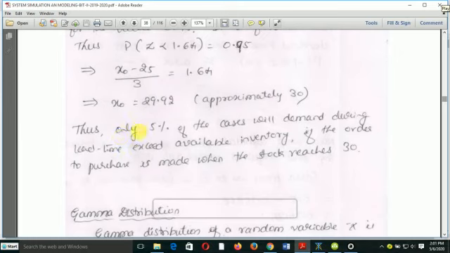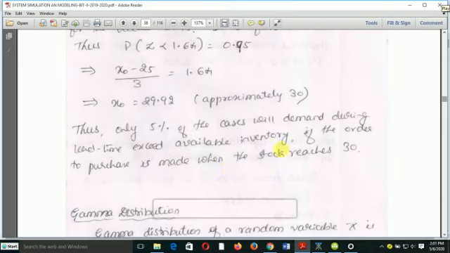The conclusion is that only 5% of the cases will have demand during lead time exceeding the available inventory if the purchase order is made when the stock reaches the reorder point.